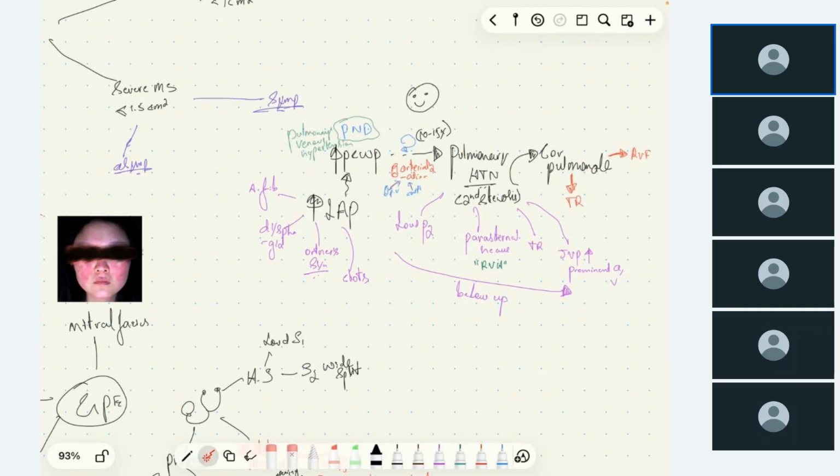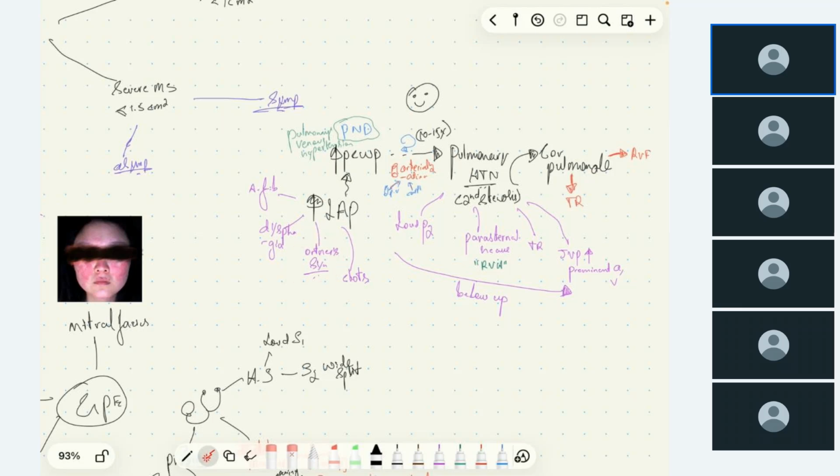There may be Ortner's syndrome, meaning when the left atrium is enlarged, it may compress upon the left recurrent laryngeal nerve, which hooks around the aorta, causing hoarseness of voice. That is called Ortner's syndrome.